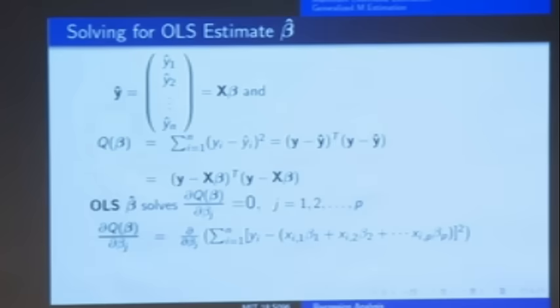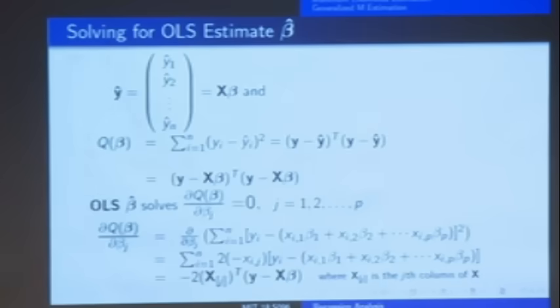The derivative is a linear operator, so the derivative of a sum is the sum of the derivatives. So we take the summation out, and we take the derivative of each term. So we get 2 times minus x_ij, then the thing in square brackets, y_i minus that. And what is that?